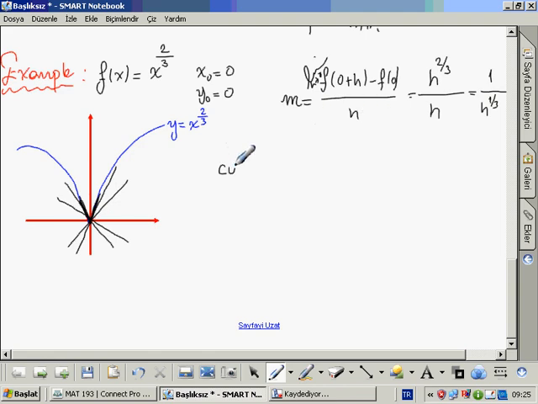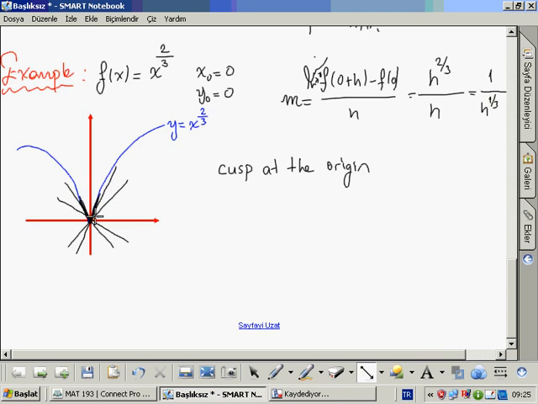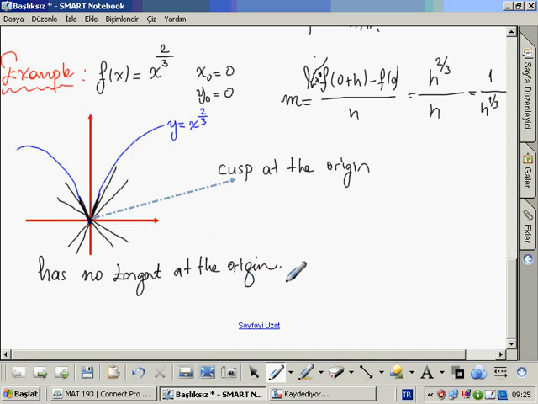We will say at this point there is a cusp at the origin, and the overall result is that it has no tangent at the origin.